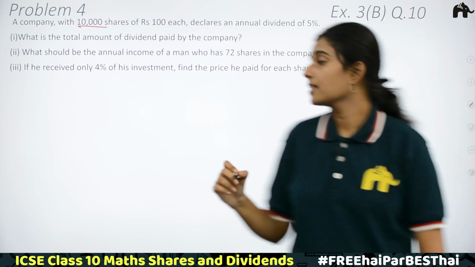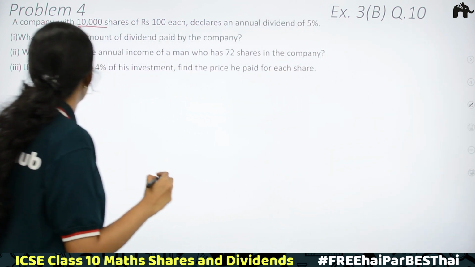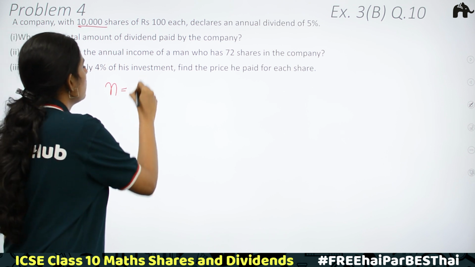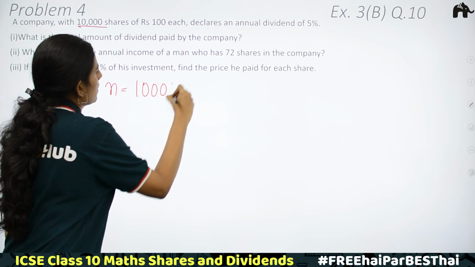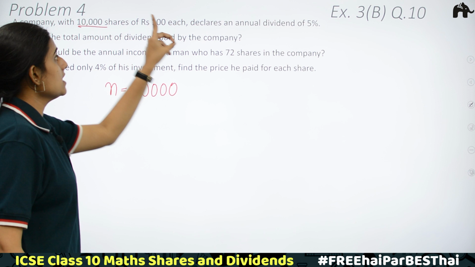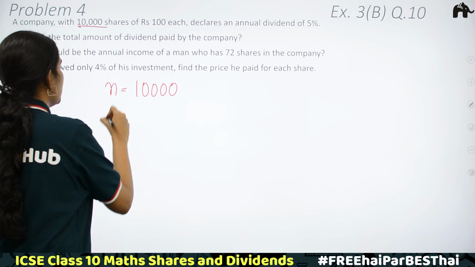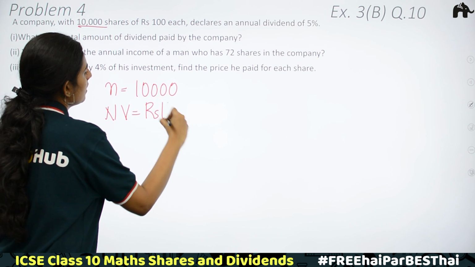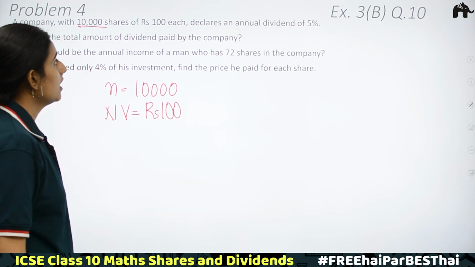Let's start. Here, n, the number of shares, is equal to 10,000, of rupees 100 each, so the nominal value is given, rupees 100.